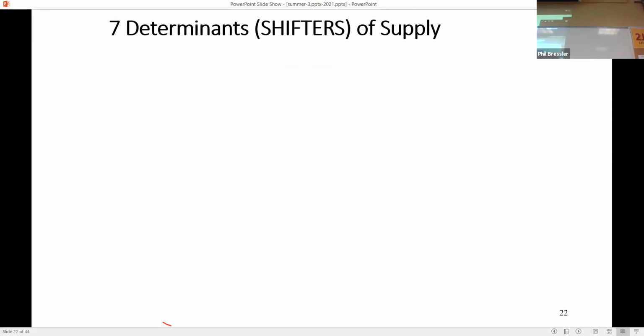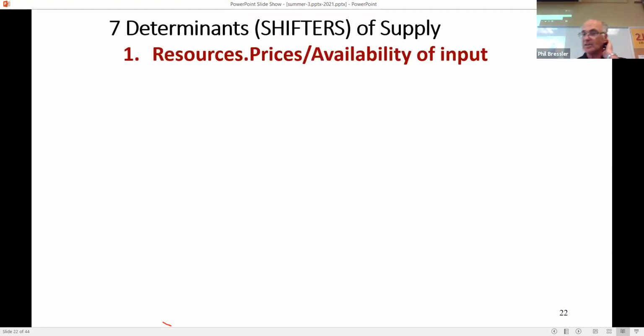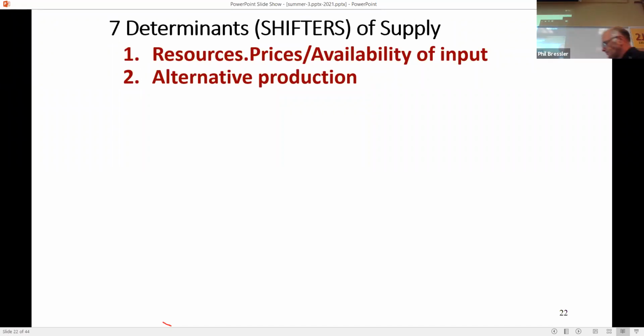Rat nest. So the R is resource prices. Anything that you use to make the product is a resource price. So for my shirt, it could be the cotton, it could be the labor. That is a determinant of supply. Second, alternative production. Say I'm a farmer.